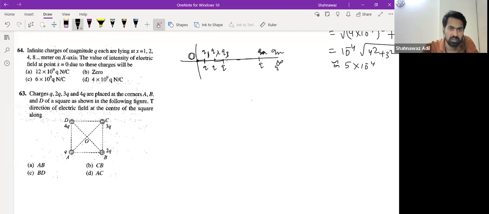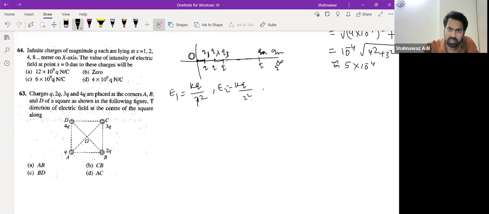Understood, guys? Yes, sir. So what is the electric field due to this charge? That would be kq by x squared, let's say E1. So E1 would be kq by 1 square, E2 would be kq by 2 square, right?